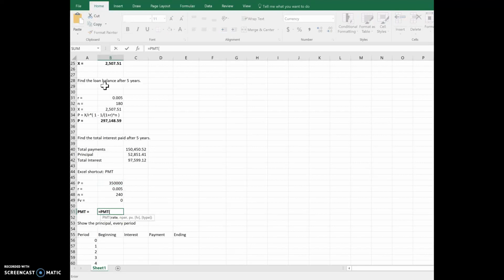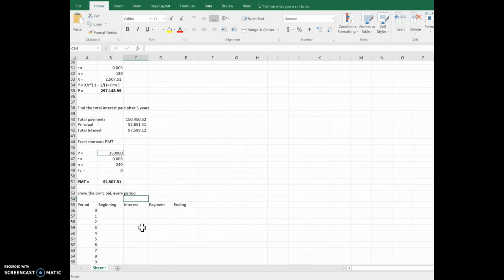We say PMT equals the rate, the number of periods is 240, the loan amount is 350,000. Oops, the last argument should be 0. As you can see here, we have the same figure.